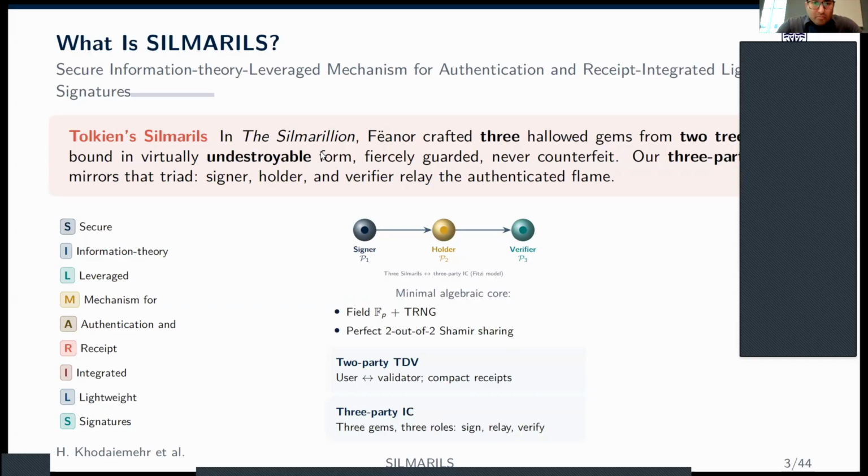In the Silmarillion, Fëanor, one of the most powerful elves, crafted three hallowed gems from two trees. He bound the light of those trees in a virtually indestructible form, and they were fiercely guarded and could never be counterfeited. Our three-party scheme mirrors that triad: signer, holder, and verifier relay the authenticated flame, similar to what the three Silmarils were intended to do. It's a very nice coincidence to have this connection for our scheme.